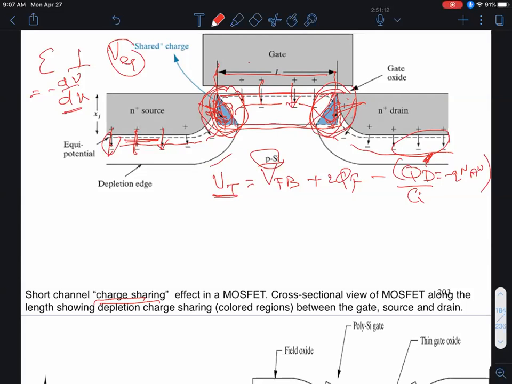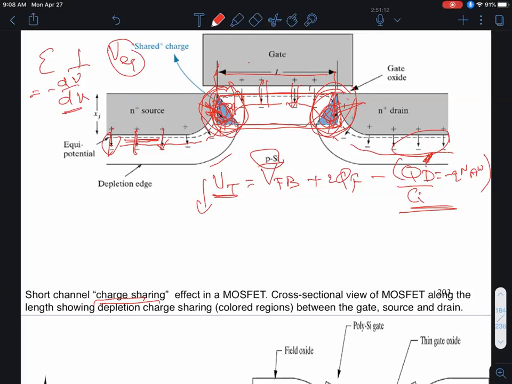So the only depletion charges that I should count in the final term are the charges whose field lines terminate on the gate, and you should exclude these blue triangular regions, okay? Well, if that's the case, what's going to happen to the threshold voltage? Obviously, the threshold voltage would be lower because of these triangular region depletion charges not counting towards the VT.